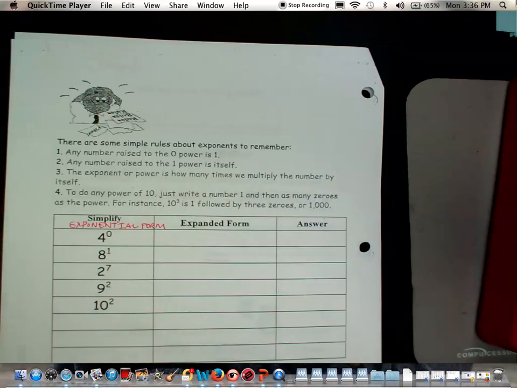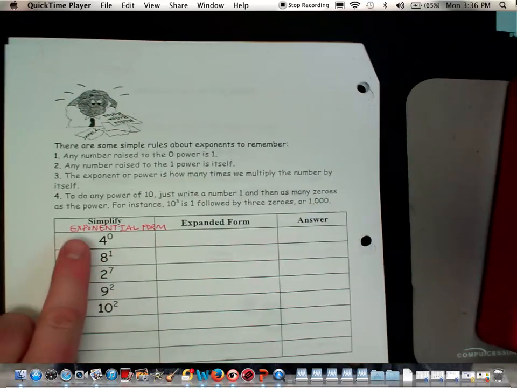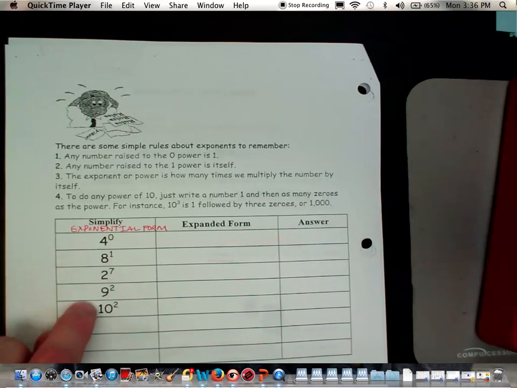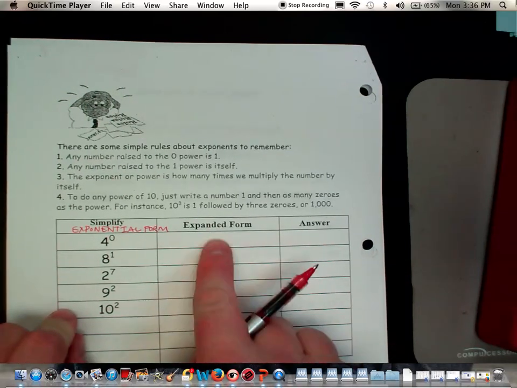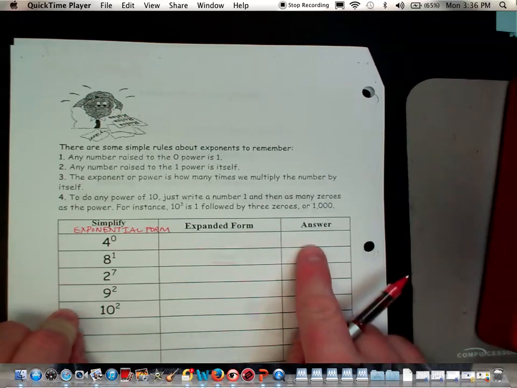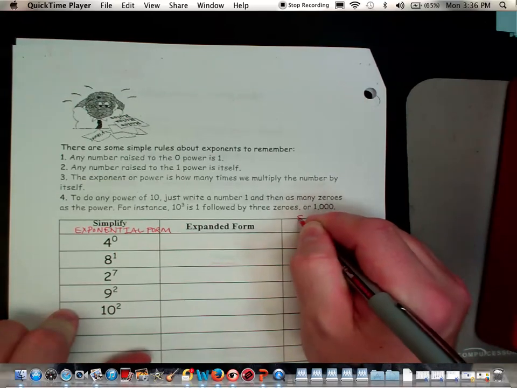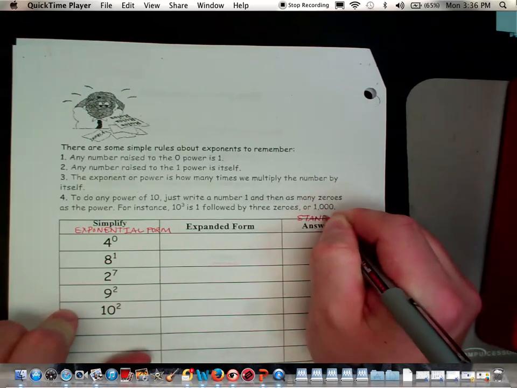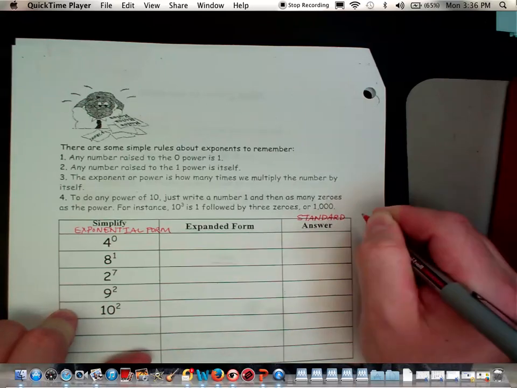That goes in there. So these are exponential form. This is our expanded form. This is going to be our answer, which we're going to call standard form.